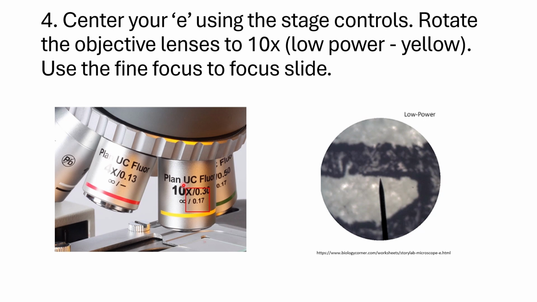Our microscopes are parfocal, so there's not a huge discrepancy in focusing ability as we move up in magnification power. So this is an example of what you would see at low power. Again, make sure you have some portion, maybe that bar of the letter E centered, so that when we go up in magnification, we're not just zooming in on light.